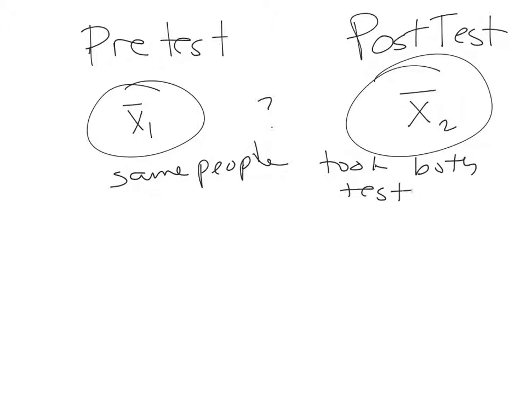And it seems reasonable that people who did well on the pretest would likely also do well on the post-test. So it's not always going to show, if I just take the average of both groups, an actual change in the score. What I want to look at is the differences.